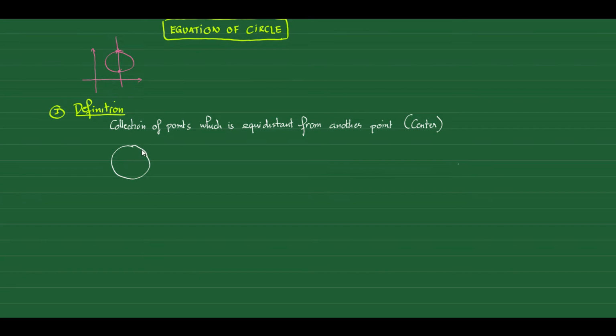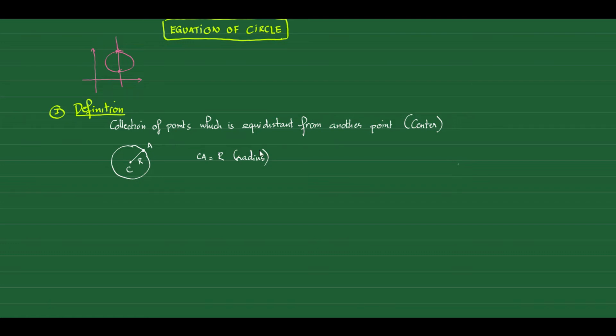If you pick a point here, all the points on this curve are equidistant from another point, which we call the center, point C. If you connect point C to any point on this curve, call it point A, then CA is the radius.